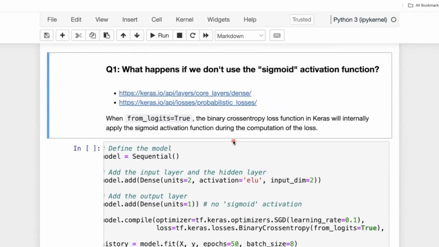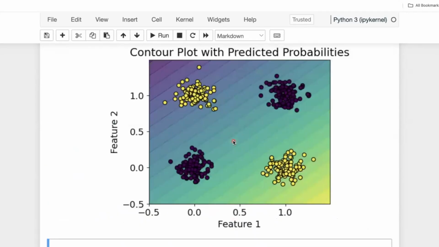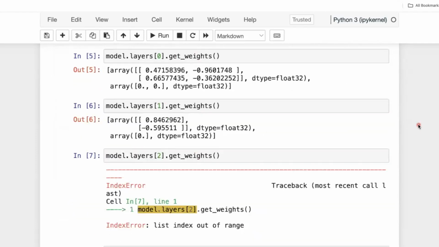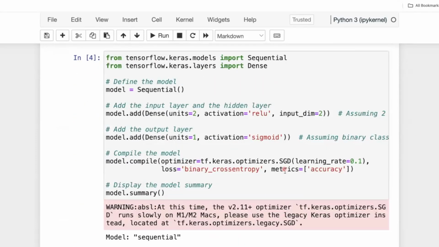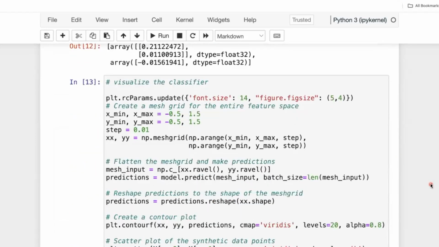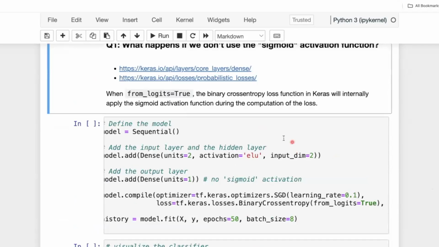And therefore, for the binary cross entropy that we used before, where we defined model.compile, you can see that before we just said binary cross entropy, which means that we have to use the sigmoid or logistic activation function. But if we look at the documentation page, which I have here too, there is an option to set from_logits equal to true.